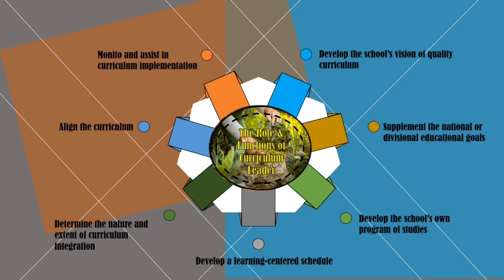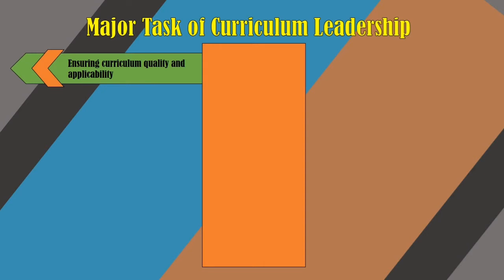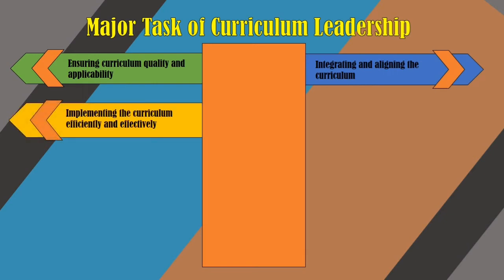And now we have the major task of curriculum leadership. One is ensuring curriculum quality and applicability. Second, integrating and aligning the curriculum. Third is implementing the curriculum efficiently and effectively.